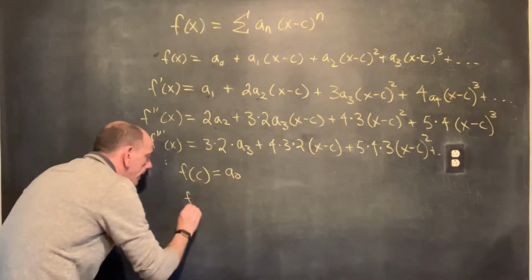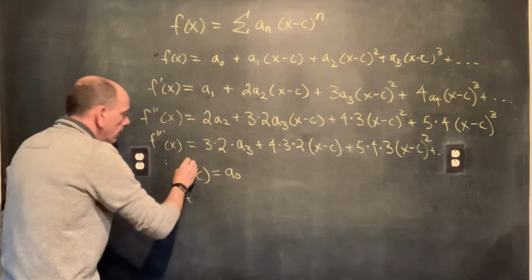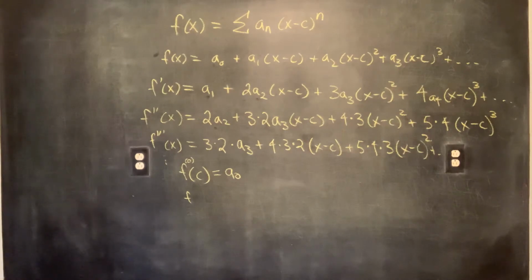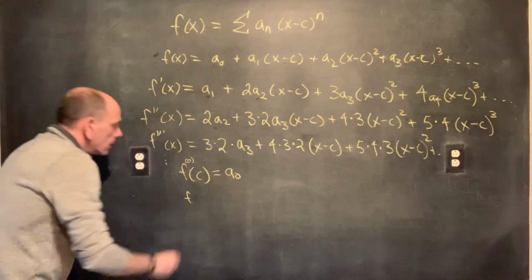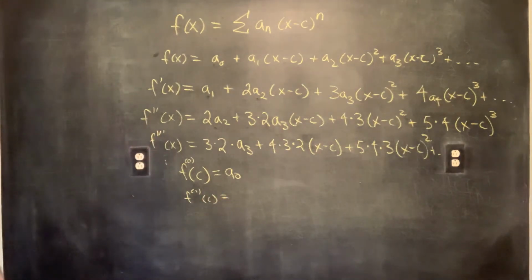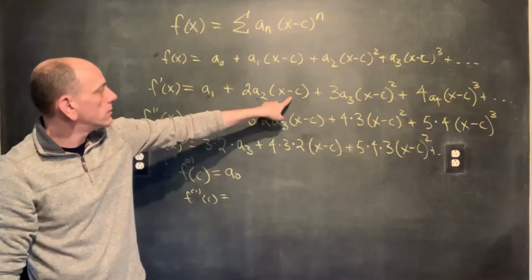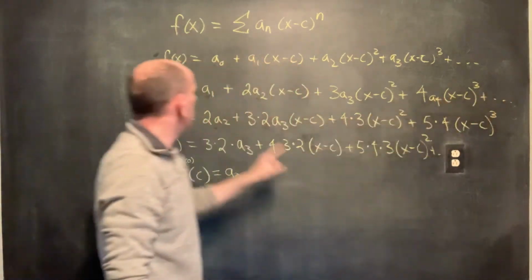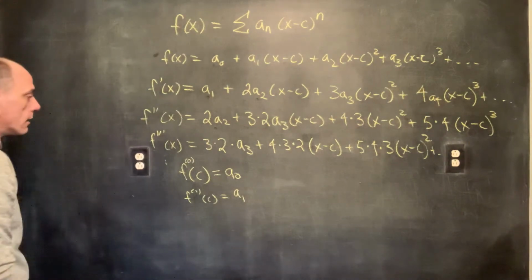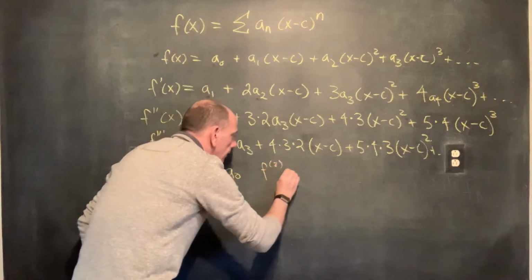Now, what happens if I take the first derivative? The function itself is the 0th derivative. So the first derivative, evaluated at the center, let's look at that. This is going to go, this is going to go, everything's going to go, and I'm going to get a sub 1. Second derivative, evaluated at the center.